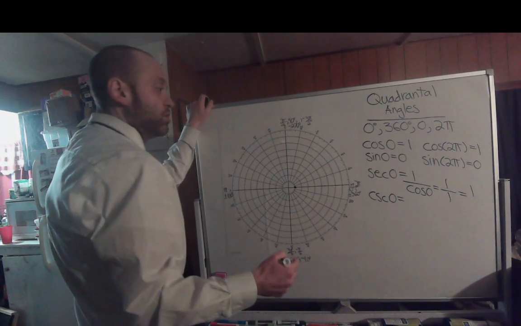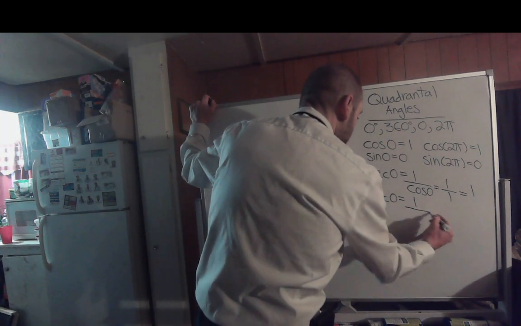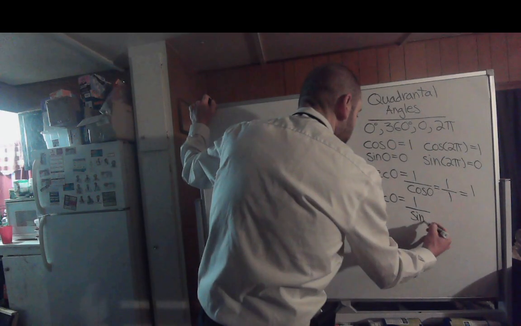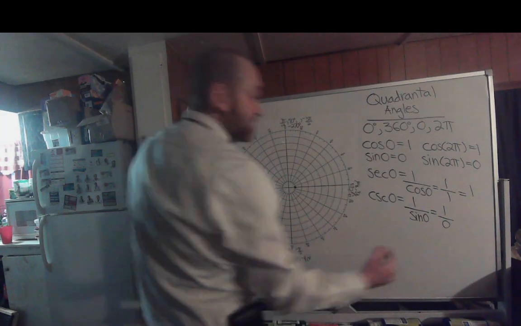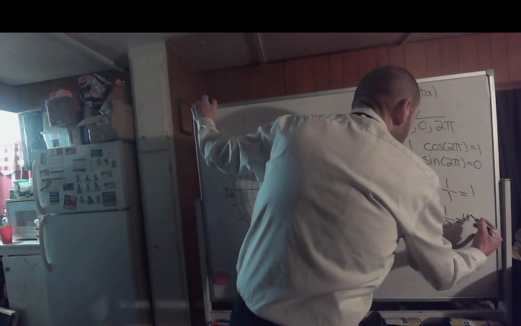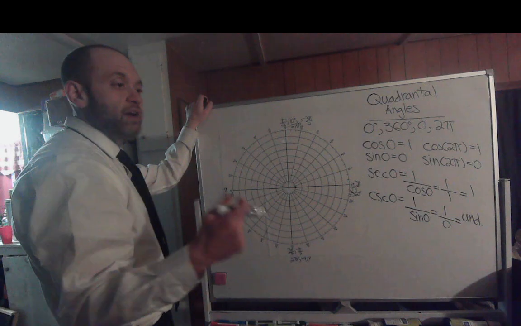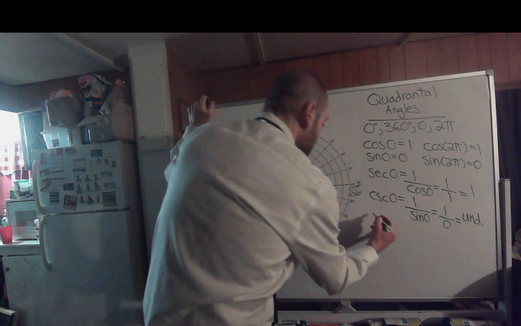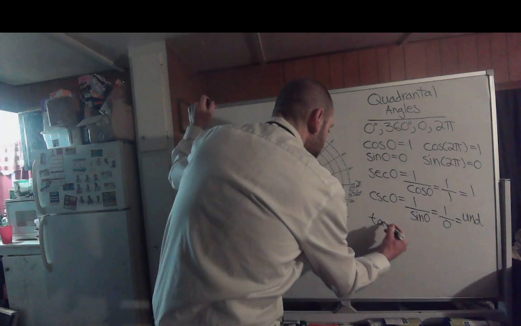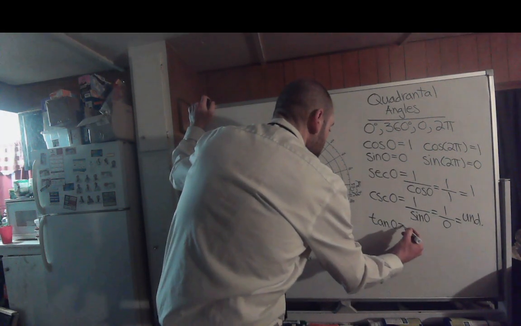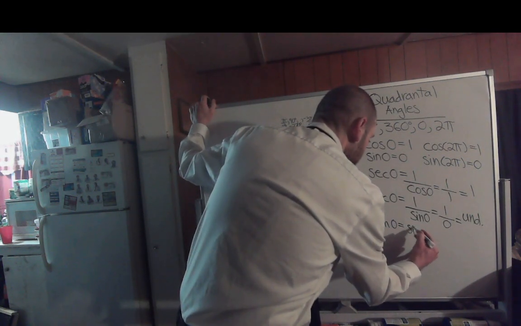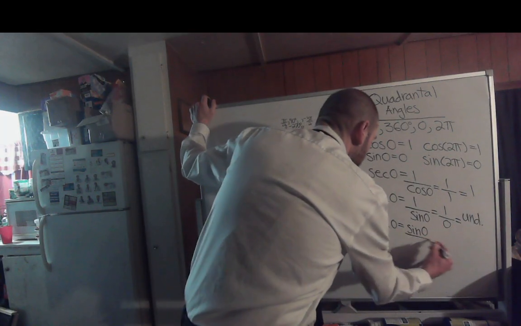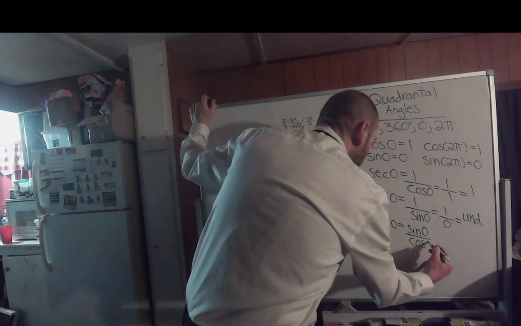Now, what about the cosecant of 0? Cosecant of 0, of course, is going to be 1 divided by sine of 0, which would be 1 divided by 0, which is undefined. So the cosecant at 0 is actually undefined. It has no value. Now what about the tangent of 0? At 0, the tangent is the same as the sine of 0 divided by the cosine of 0.